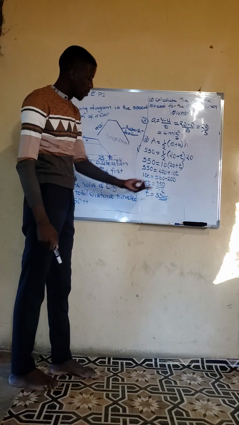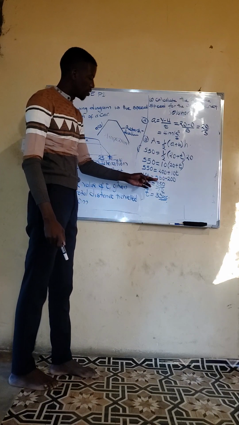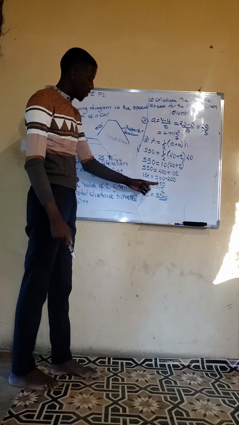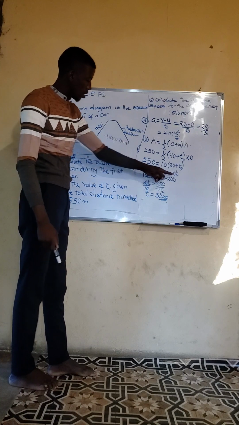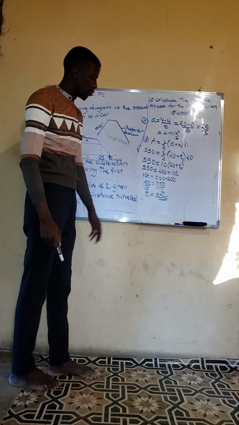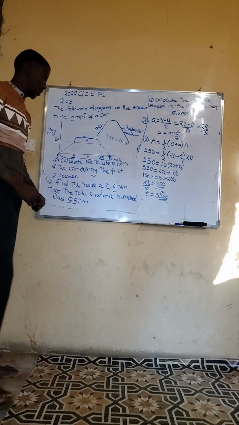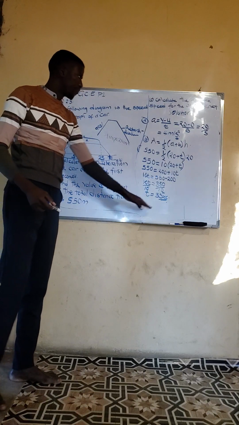Then you group the like terms, of course, when this comes to the other side, it becomes a minus, so it is 550 minus 200, giving us 350 there. Then the 10T, you divide by 10, divided by 10, our T will be equal to 35 seconds. So that is our T.